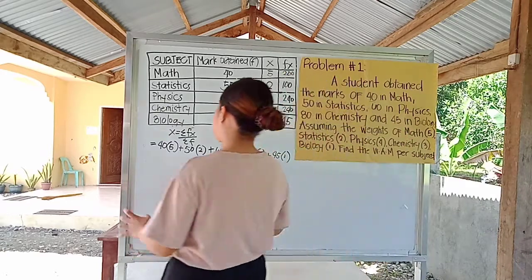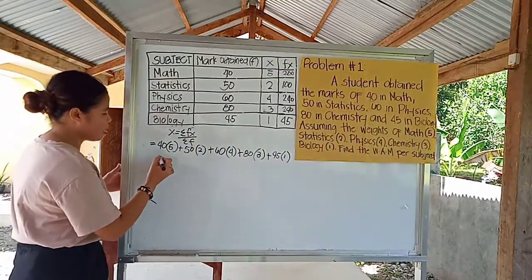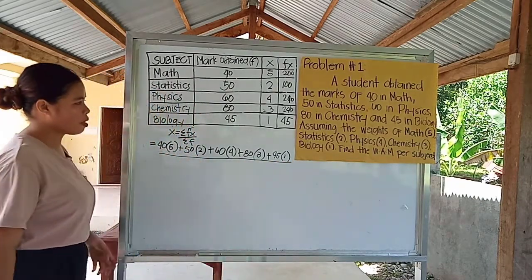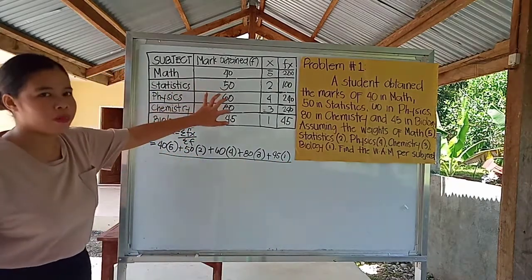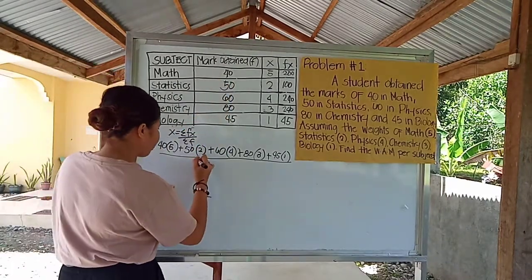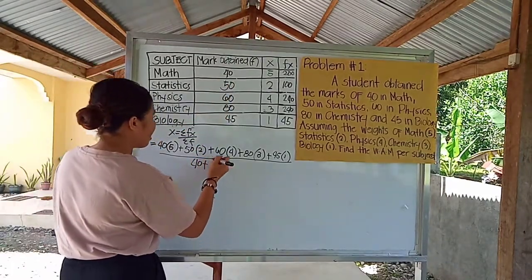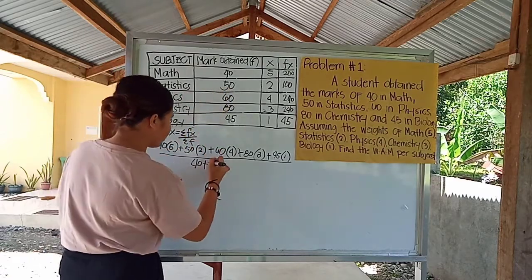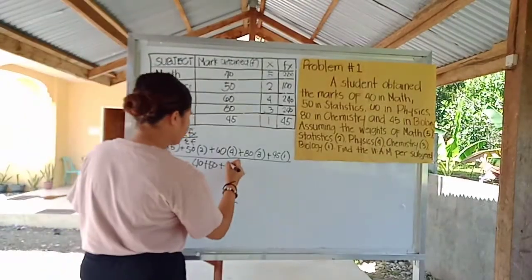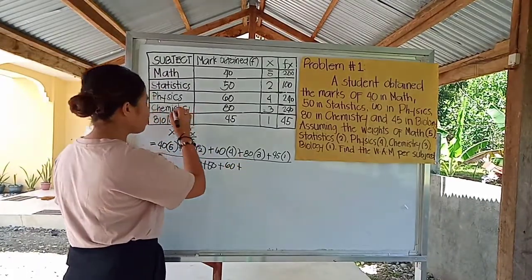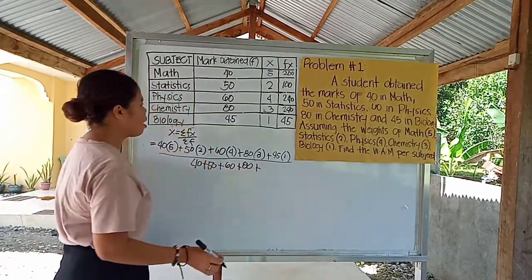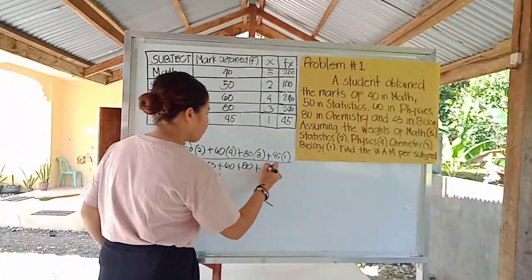So the next step is we are going to divide by all the marks obtained. The mark obtained in math is 40, plus the mark obtained in statistics is 50, plus the mark obtained in physics is 60, plus the mark obtained in chemistry is 80, plus the mark obtained in biology is 45.